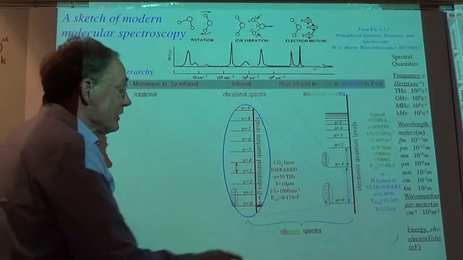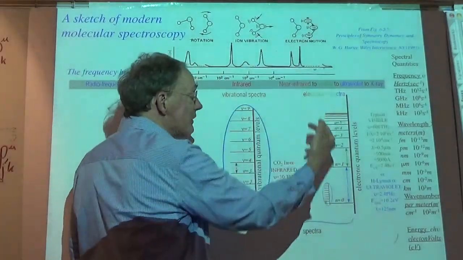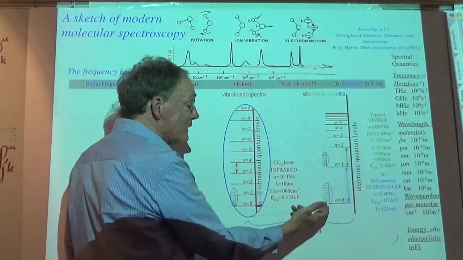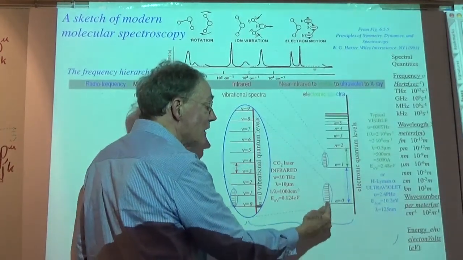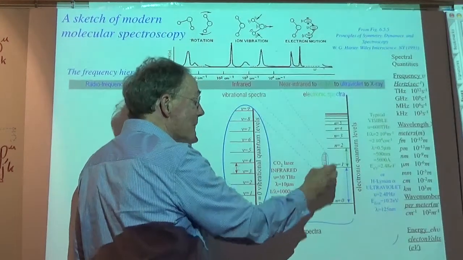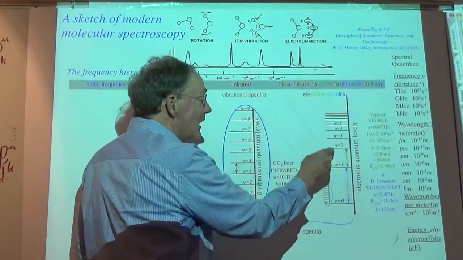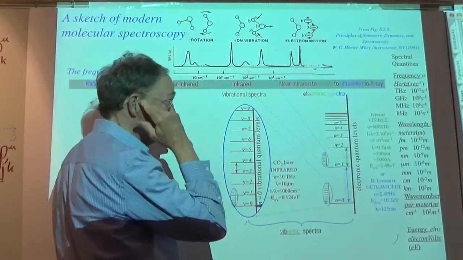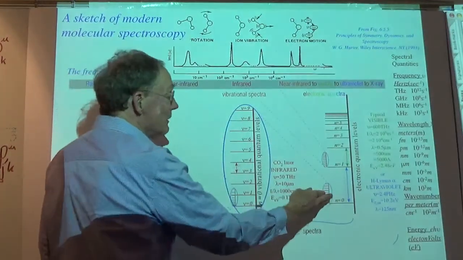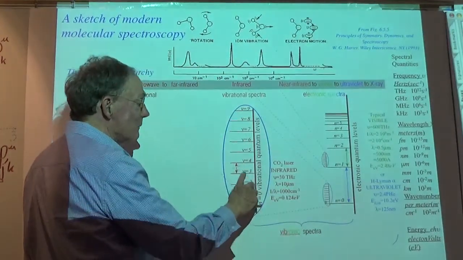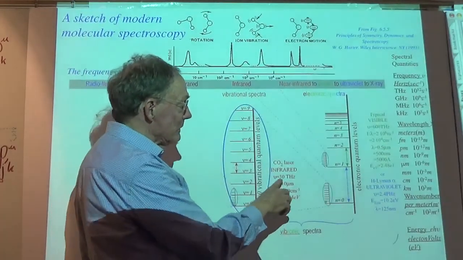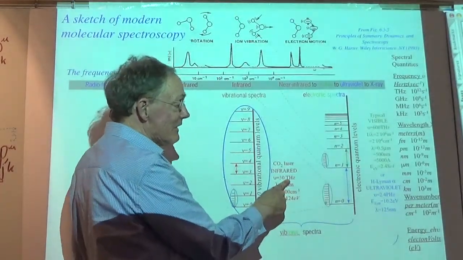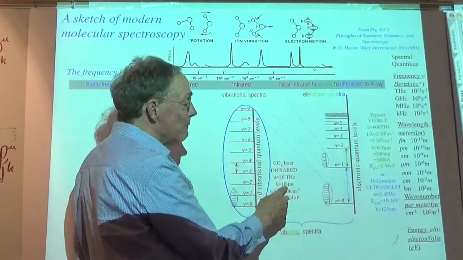But the thing is, every one of these electronic states of a molecule is going to have at least, and this would be true for H2, one vibrational manifold on top of each electronic state. And you blow any one of these up, and for a while it'll be like a harmonic oscillator. Now you'll be talking about typically 30 terahertz, a lambda of 10 microns.